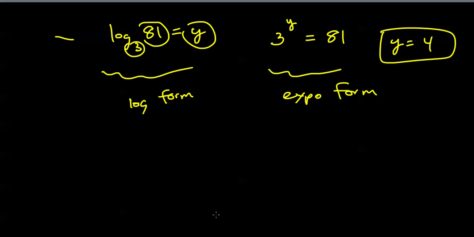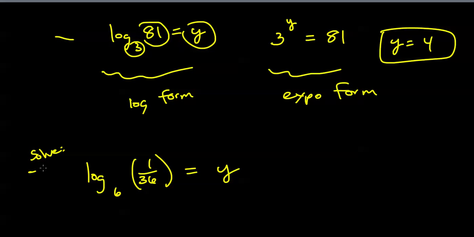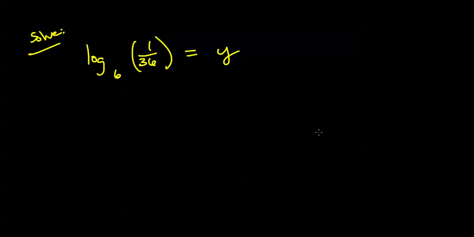Alright. Let's try another one, maybe a little more complicated. The log of 1/36 base 6 equals y, and I'll ask us to solve this equation for y. Again, this equation is in log form. Probably best if we convert to exponential form.